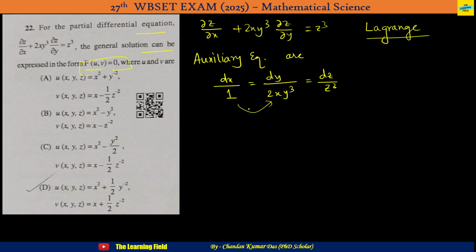So if we take these two first, then we get x dx, or we can write 2x dx, equal to dy y to the power minus 3.